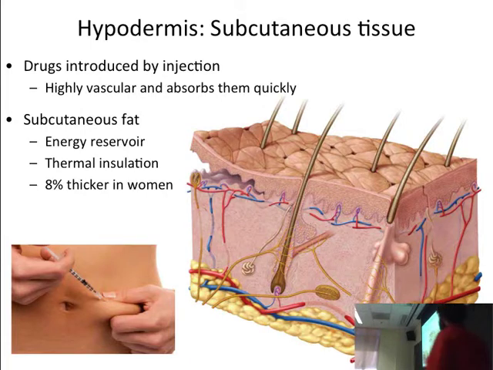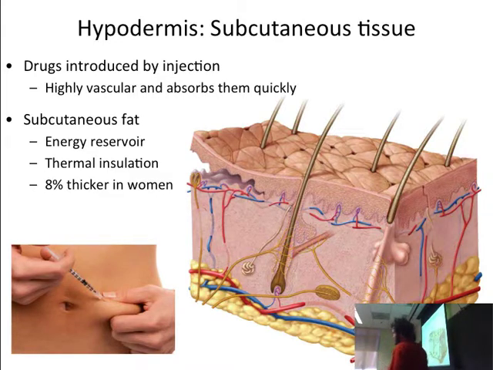The hypodermis. This is the subcutaneous tissue below the dermis. This is part of the fascia. This is always where hypodermic injections are, but this is typically where injections of any sort are. It's into the fat layer that goes beneath this connective tissue layer of dense irregular connective tissue.